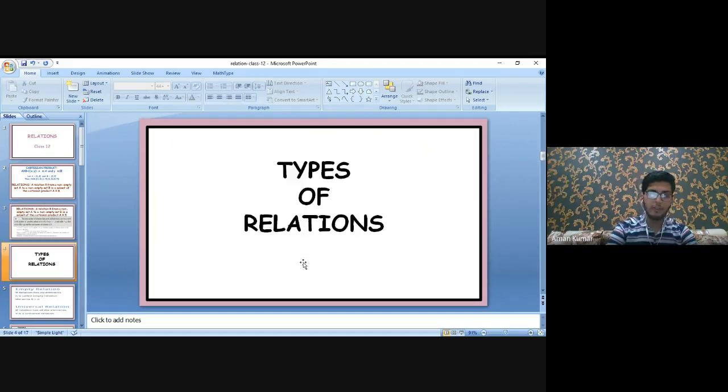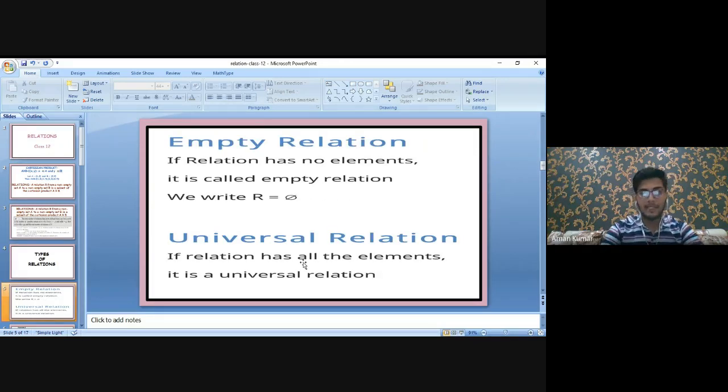Next, we are going to study the types of relations. The first type is the empty relation. If a relation has no elements, it is called an empty relation. Suppose a relation from set A to A has no element. That means no element of A is related to any element of B. So if no element is related, R will not contain any ordered pair, so R will be phi.